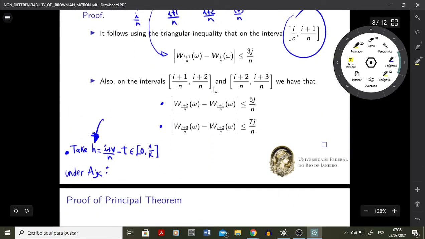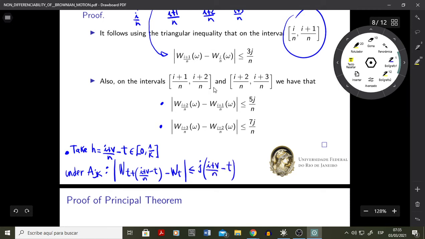Okay, I am taking that h. So if you take that h, you will have that the Brownian motion at t plus that h minus the Brownian motion at t is bounded by j multiplied by I plus nu over n minus t.